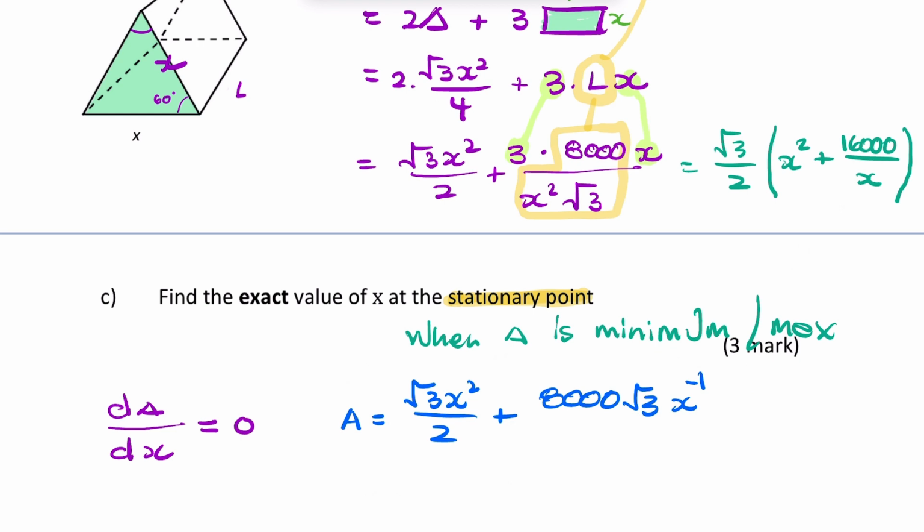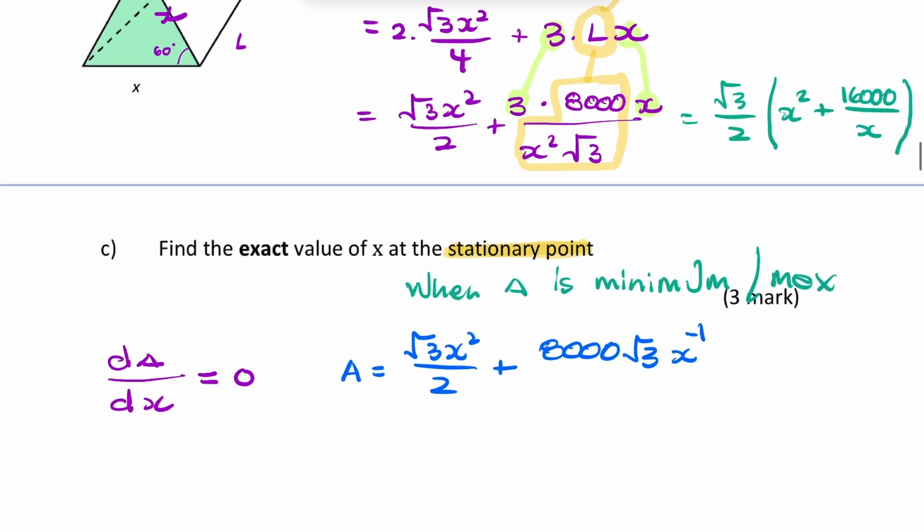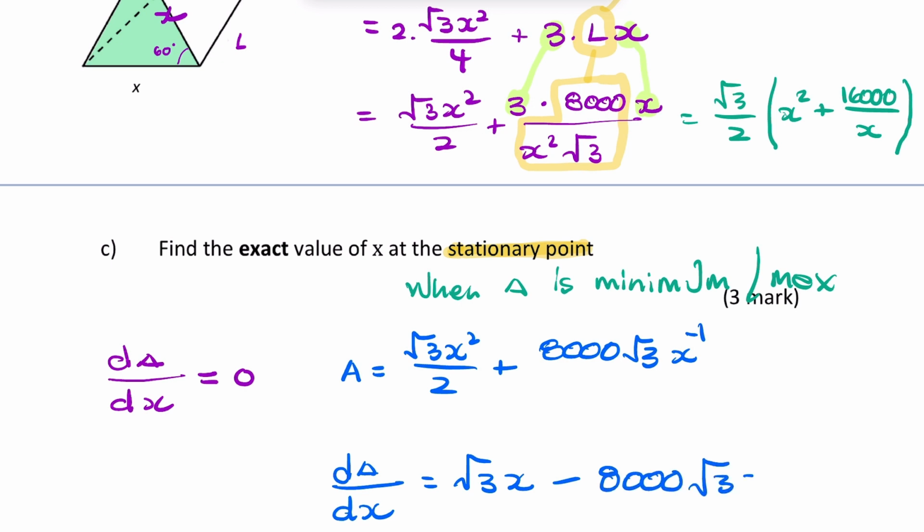Now we want to differentiate this, dA by dx. So that's just root 3 x minus 8,000 root 3 x to the minus 2. And because it's a stationary point, we can say that that's equal to 0.